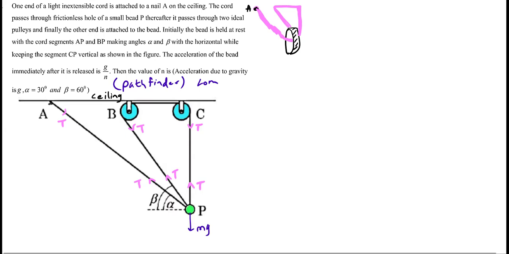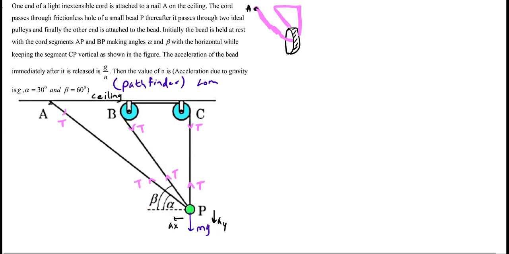The bead will have acceleration along the y-axis and along the x-axis. Why should it move vertically down? Because the weight mg will act, then the strings will become taut. So it will have acceleration along the y-axis. Then the components of tension, T cos alpha and T cos beta, will act and it will accelerate along the x-axis.